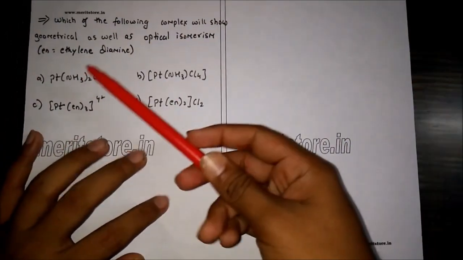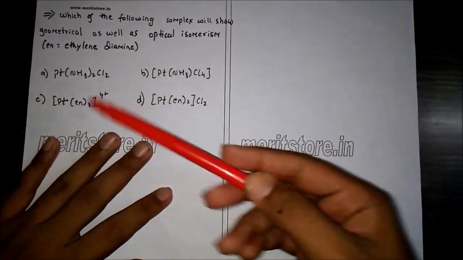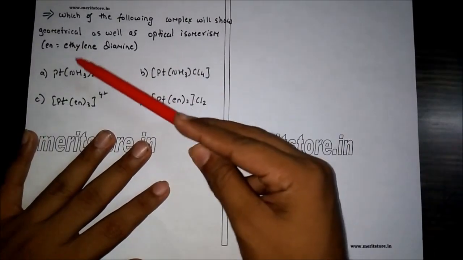Which of the following complexes will show geometrical as well as optical isomerism? Here are the different options, where en means ethylenediamine.